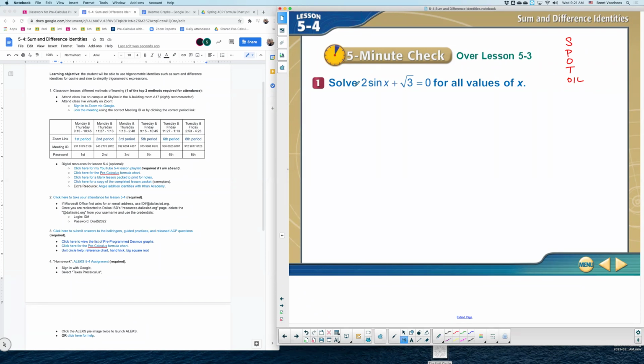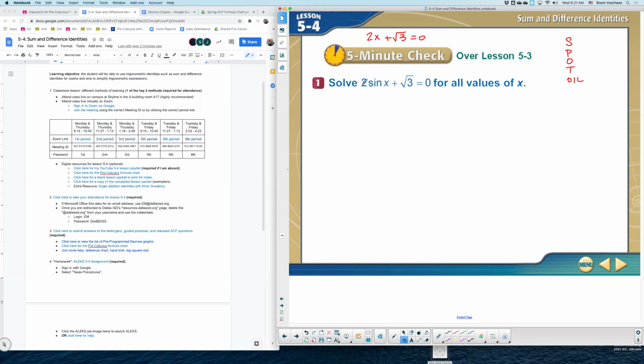So what do we do? Well, normal algebra rules apply here. You just kind of treat the trig function as an x itself. So the idea here is to solve 2x plus square root 3 equals 0. We're going to act like we're going to solve this with the same exact steps up until right after, when we get to where this would be x equals something, over here it's going to be sine x equals something, and we'll add 1 extra step.